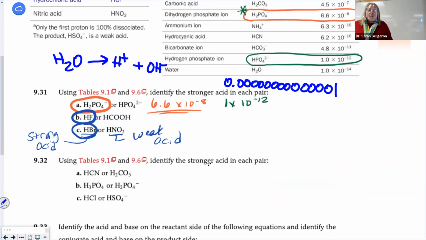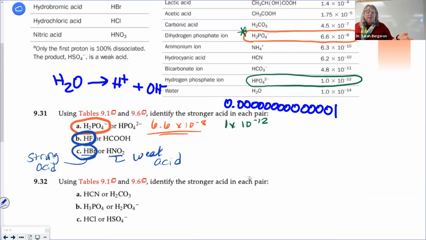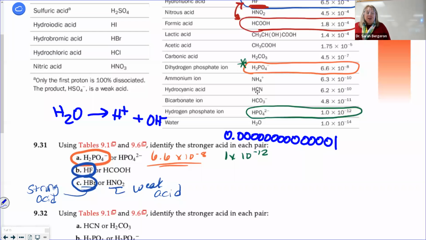So look at these tables and identify the stronger acid in the pair, HCN or H2CO3. If something is a strong acid or a strong base, it's going to trump, right? But if they're both weak, you have to go to the table. So we're going to look for HCN.